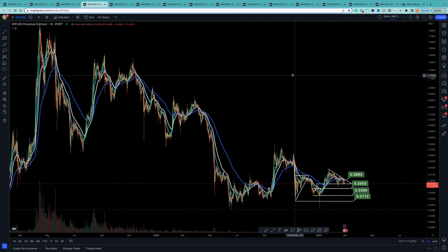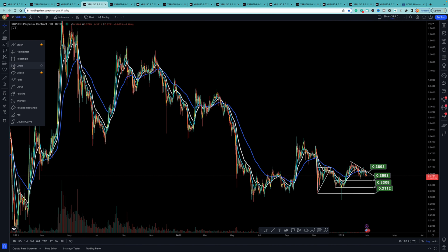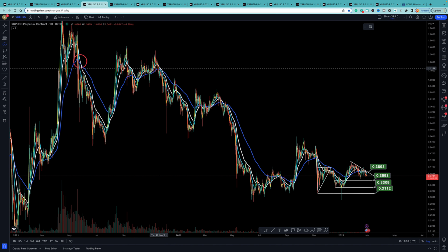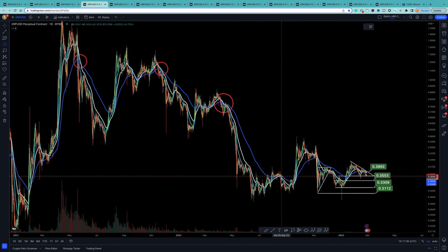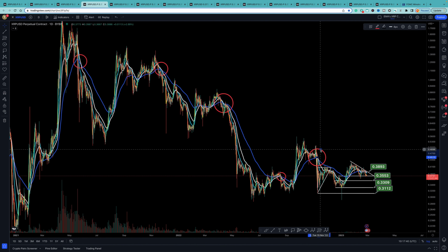There's the 20 crossing the 55 here, and again here, and again here. So big spills, and again here, and again here. So big spills.